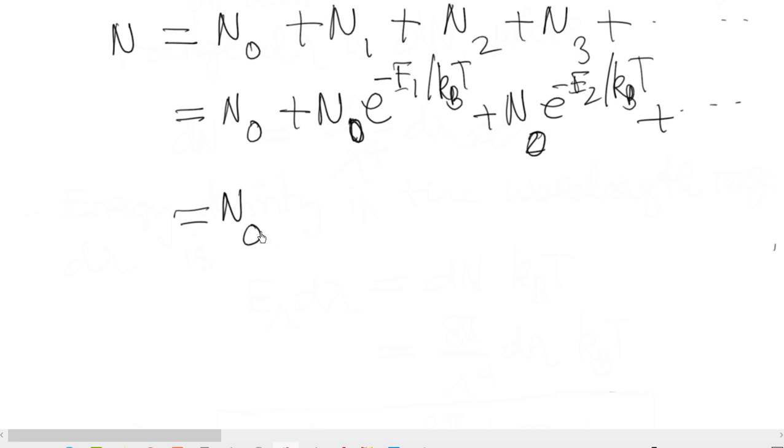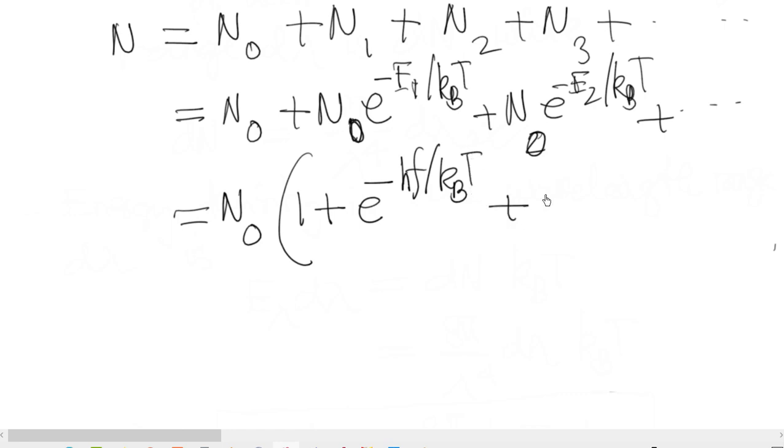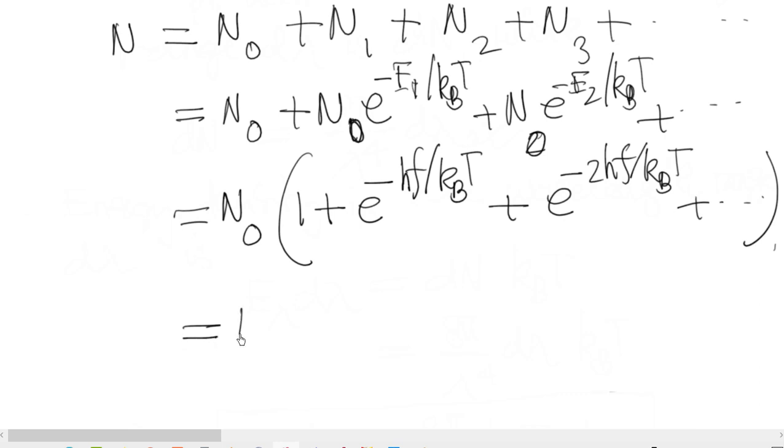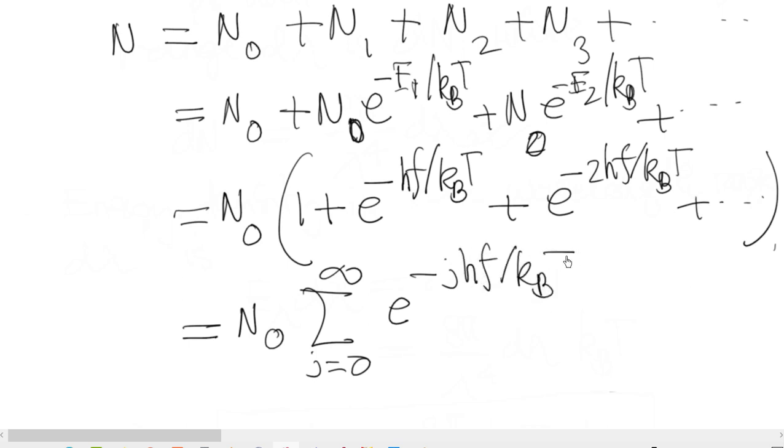So if we take common N0, then this one becomes, and if we put E1 equal to hf, and this sum can be written as this.